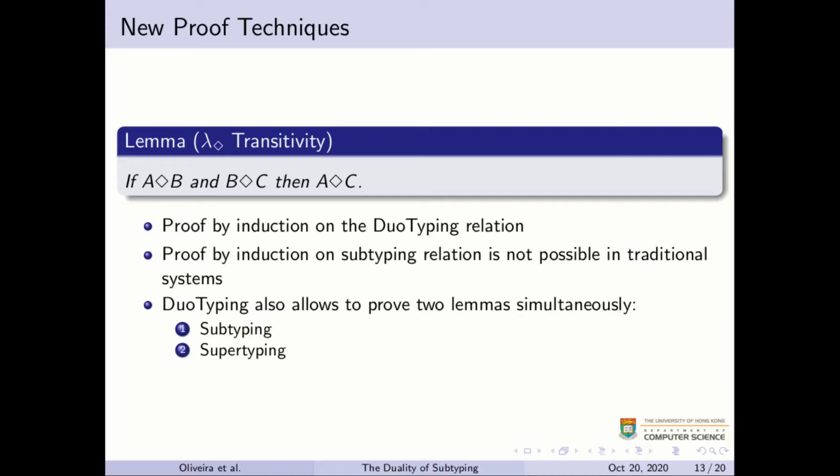Also, this transitivity lemma can be further divided into two transitivity lemmas, one for subtyping and another one for supertyping, because this mode could either be subtype or supertype.